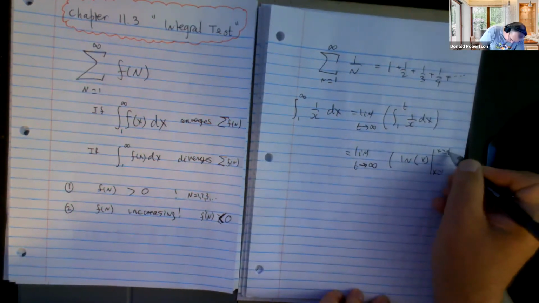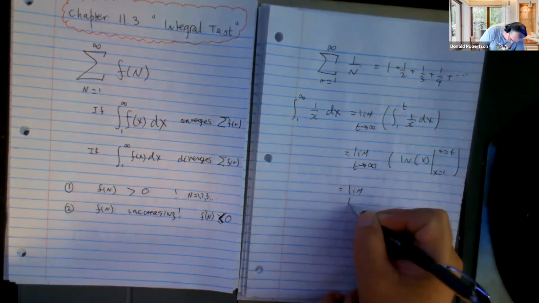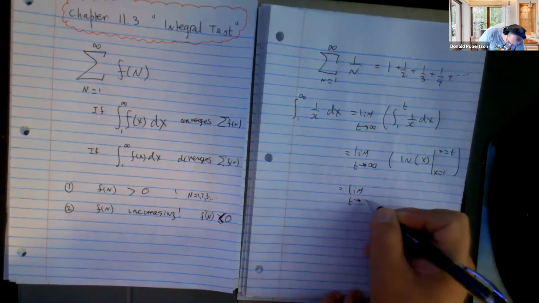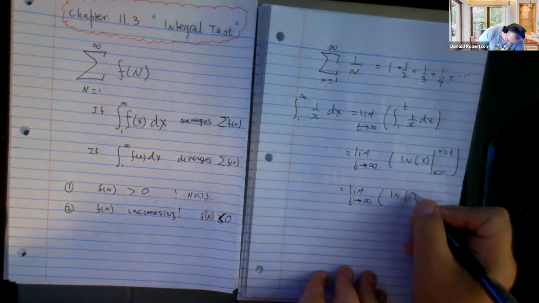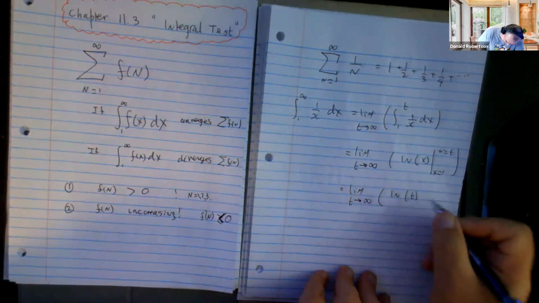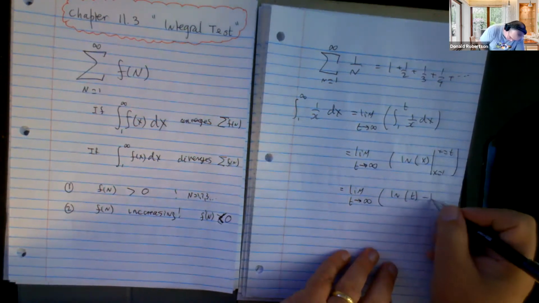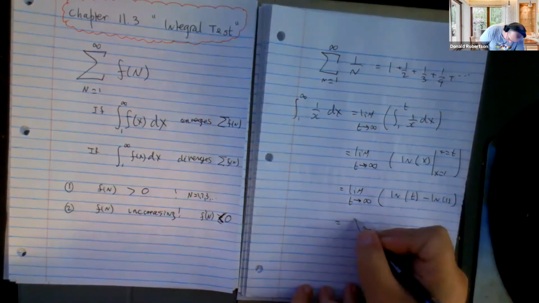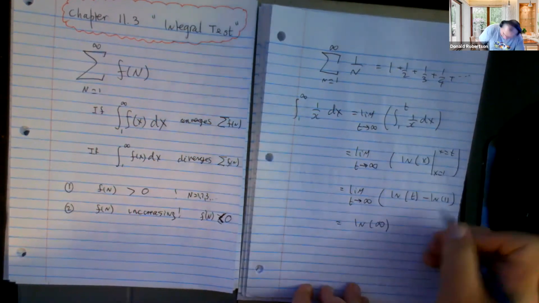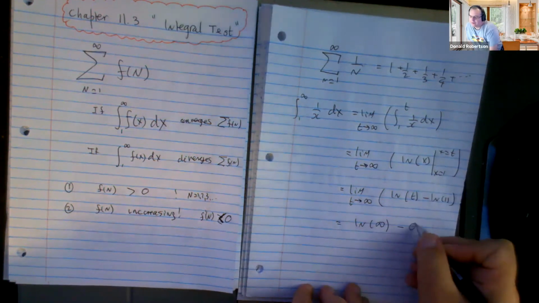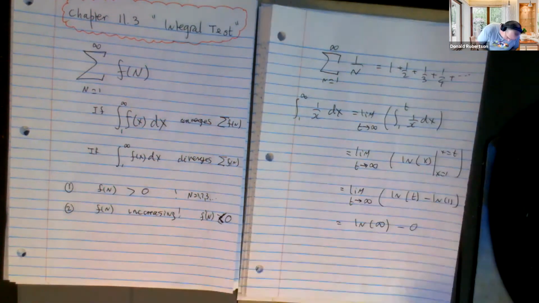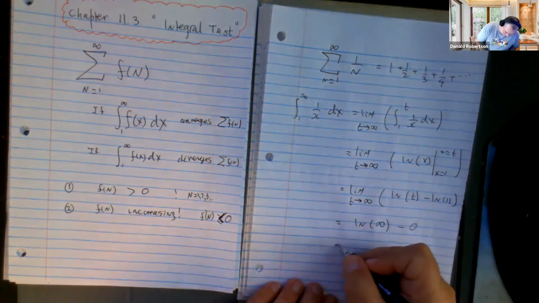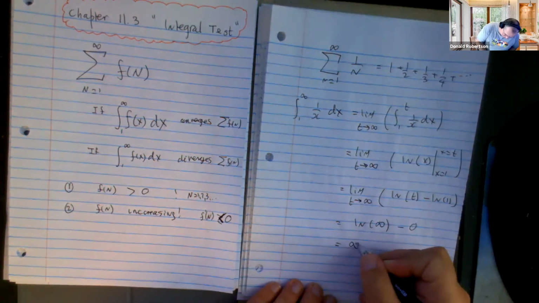And that's going to be the limit as t tends to infinity of the natural log of t, take away the natural log of 1. Now, if you do brute force on that, it becomes the natural log of infinity, take away 0. Isn't the natural log of 1 just 0? And the natural log of infinity is infinity. So that means it diverges.